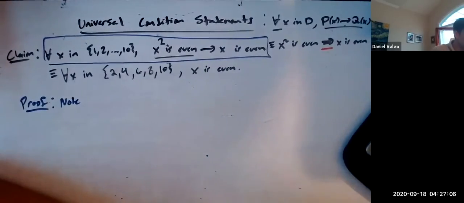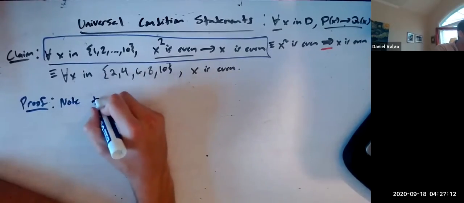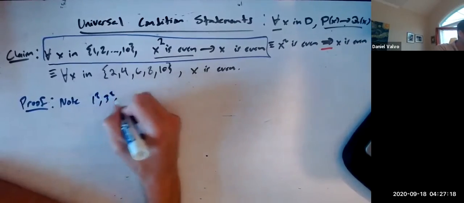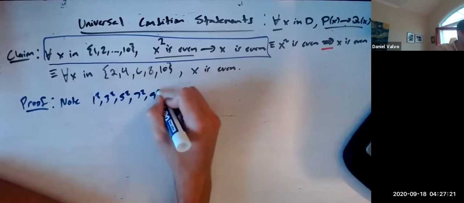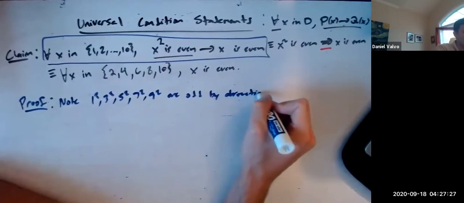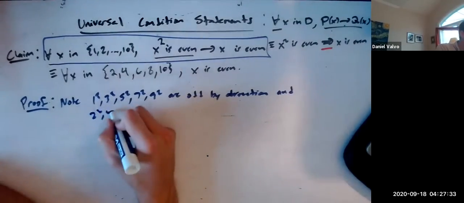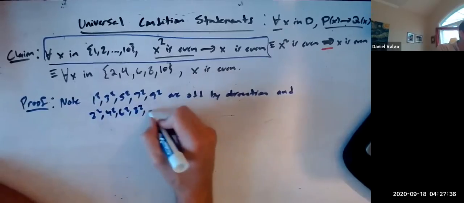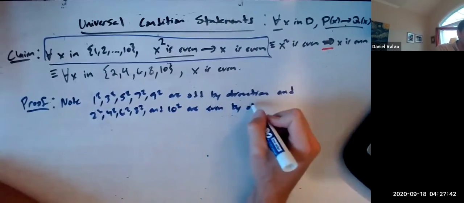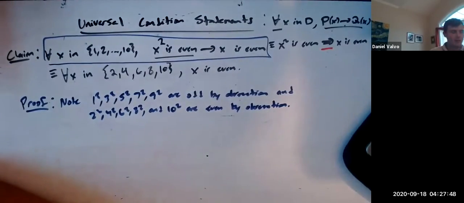So you could say, note, 1 squared, 3 squared, 5 squared, 7 squared, and 9 squared are odd by observation, and 2 squared, 4 squared, 6 squared, 8 squared, and 10 squared are even by observation. Observation just means we literally did the math and found which ones are odd and even. Okay?